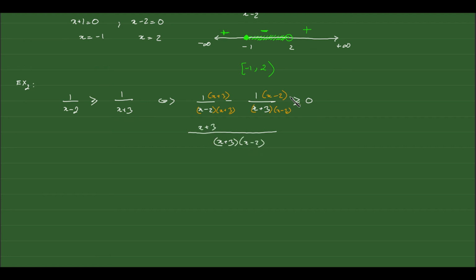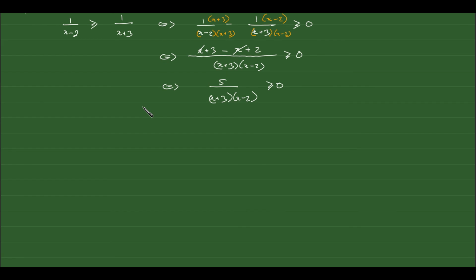Then x plus 3 here, minus, distribute the minus in, plus 2. Minus times minus becomes plus. Now we're going to combine like terms, so you have 5 only over x plus 3, x minus 2. Now we're going to find the values on the number line, and you see that everything has been factored already.